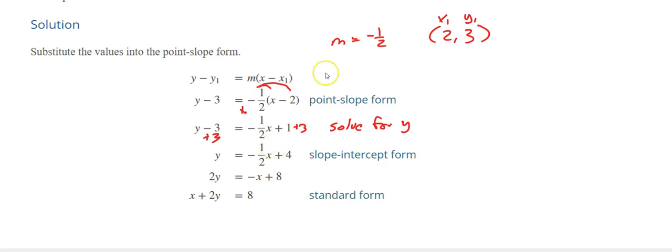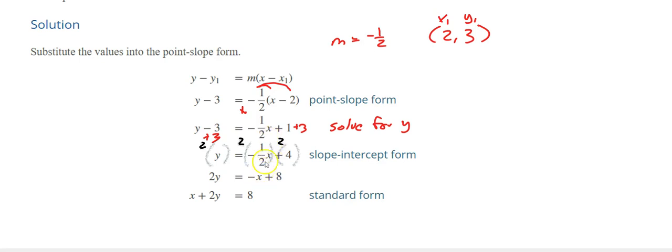Well, to get to standard form, now they're just getting all the variables on the left-hand side. Okay, so to do that, they're going to come in here, and let me just kind of switch to something lighter here. Come in here and multiply everything by 2. We cannot see that very well on that. Multiply everything by 2. Okay, therefore that's how you get the 8.